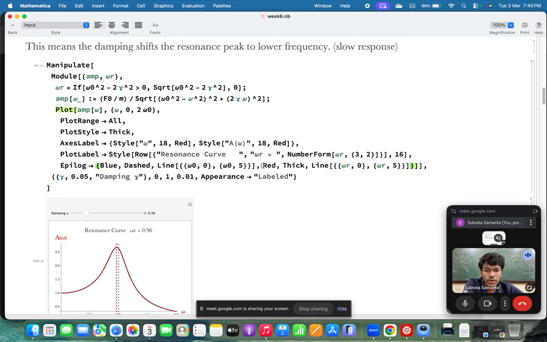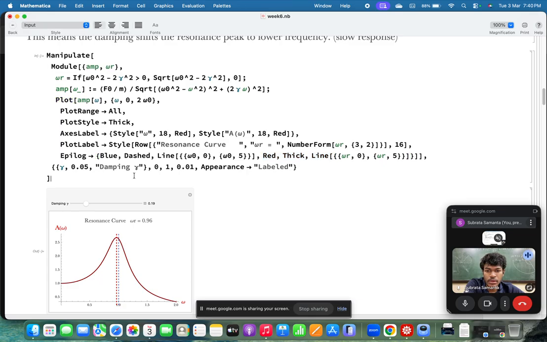I also draw a red line at the resonance frequency omega r, again from y equals 0 to 5. And I vary gamma from 0 to 1 with a step of 0.1.